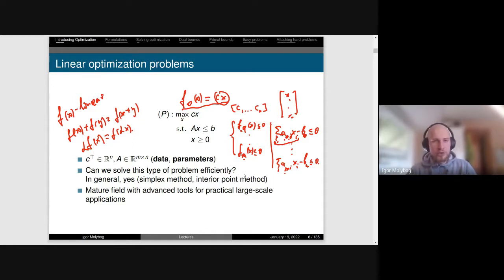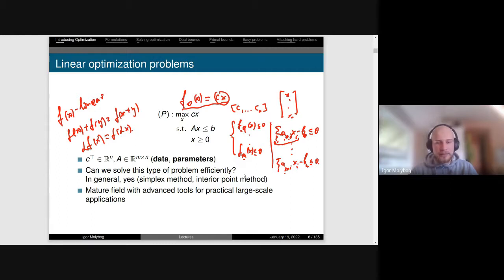Another way to solve simple problems, we will talk about how exactly you can solve a problem if it's, let's say, of just two variables. But if we are talking about the general instance of a very large problem that people might stumble upon in applications, we can actually solve this problem quite efficiently in polynomial time.